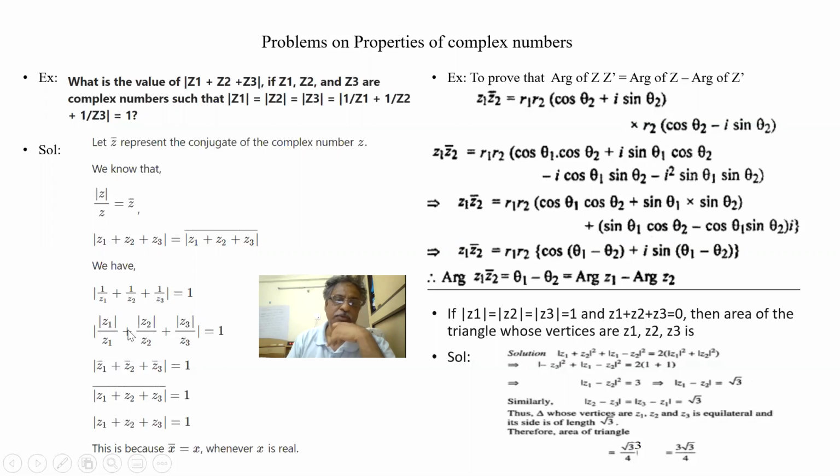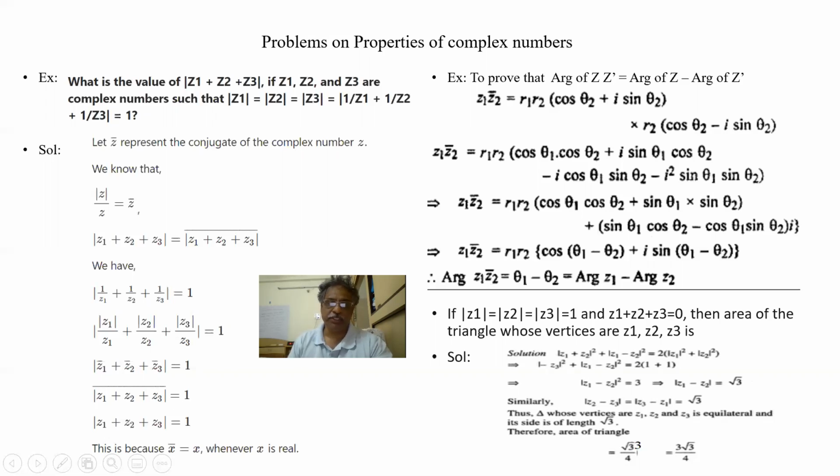So with this formula it becomes Z1 bar plus Z2 bar plus Z3 bar is equal to 1. So when the mod is equal to 1, mod of Z1 bar is mod of Z1. So Z1 plus Z2 plus Z3, the whole bar, is equal to 1. So this is only a real number. There is no imaginary part here. 1 plus i 0.